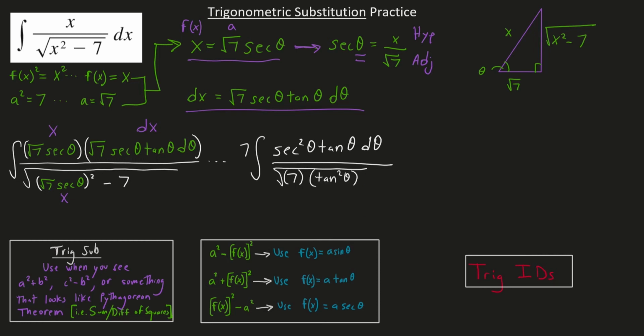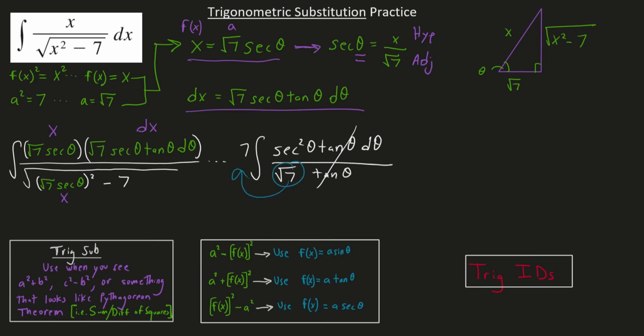And of course, algebra allows me to take the radical of the 7 and multiply it by the radical of the tangent squared. So if I do that, I'll get just radical 7 times tangent. I get a tangent cancel here. This radical 7 is a constant.